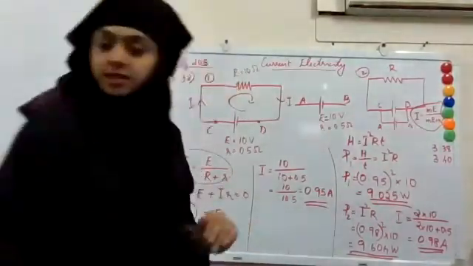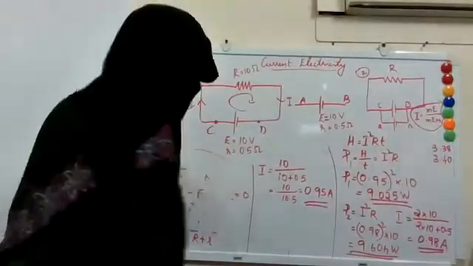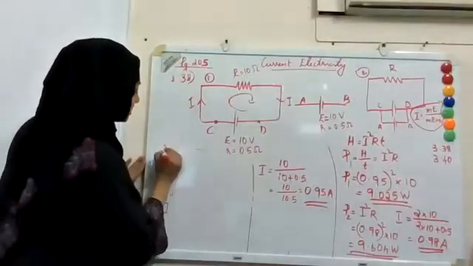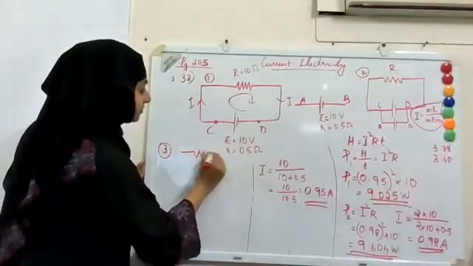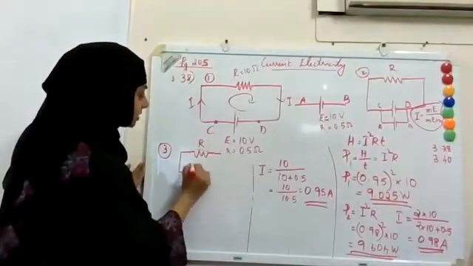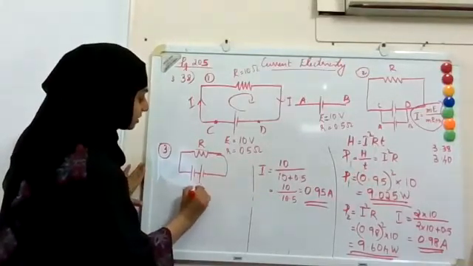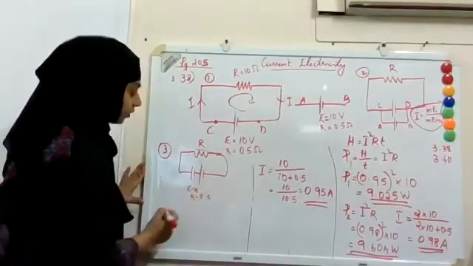Okay, let me calculate with a series connection. I will tell if it is connected in series. So let us consider as a third case, you will have the resistance R here and two cells connected in series, each having EMF 10 and internal resistance 0.5 ohm.